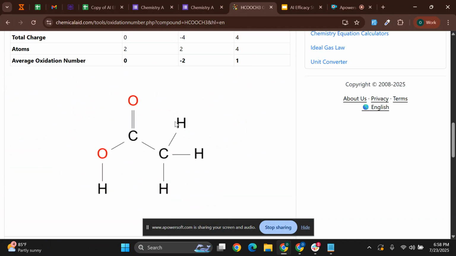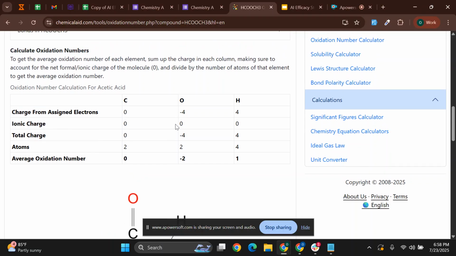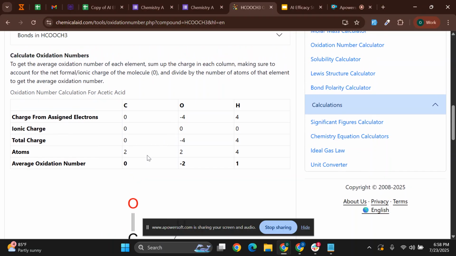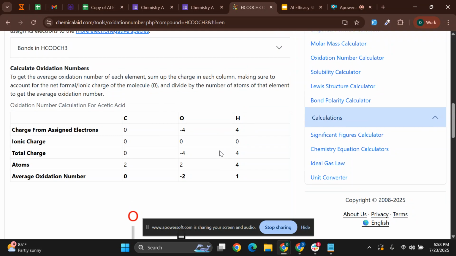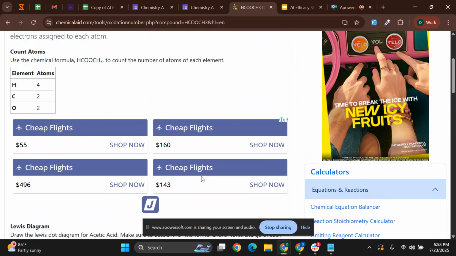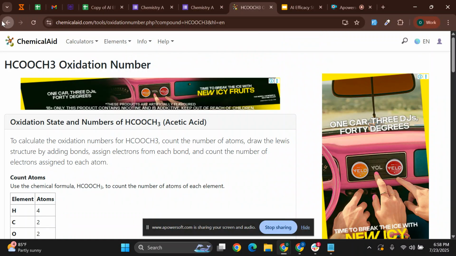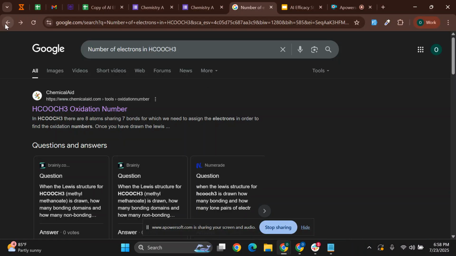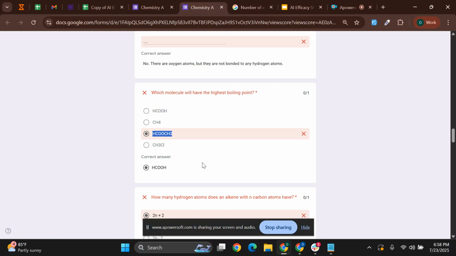So two atoms of carbon, two atoms of oxygen, four atoms of, okay, minus 4, 4 minus 4, 4. So I think that was the correct answer because it has 18 valence electrons. So let's move on to the next one.